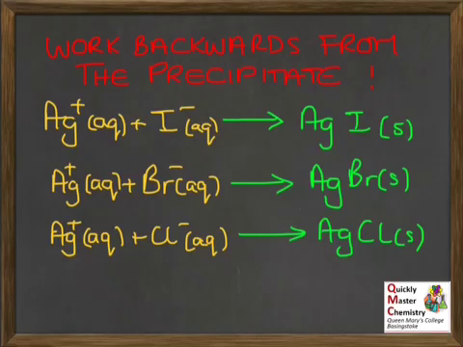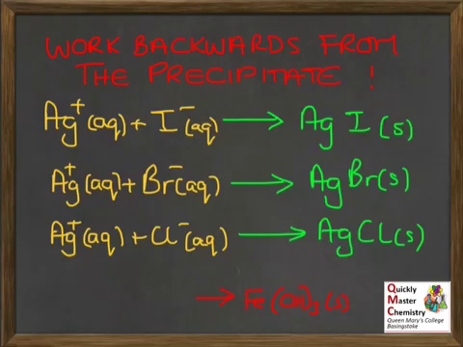The same principle applies to any precipitation reaction. There's nothing magical here about the silver halide precipitates. So imagine a precipitation reaction which produced a precipitate of iron(III) hydroxide, Fe with 3 hydroxide ions as shown here in the formula. We can work backwards to an ionic equation for this. We just need to think what ions would have been present in solution that joined to form this precipitate.